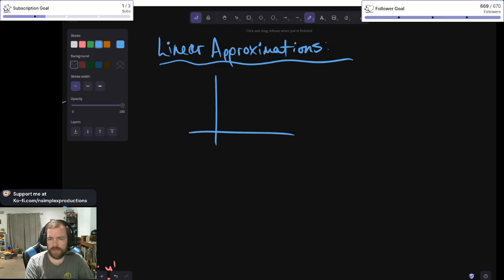So if we do something like a square root function, y equals square root of x, and I want to know what the square root of 7.5 is going to be, the square root of 7.5 is not nice. And there aren't any values immediately surrounding this which are nice either. We could find one somewhere. It's not that bad.